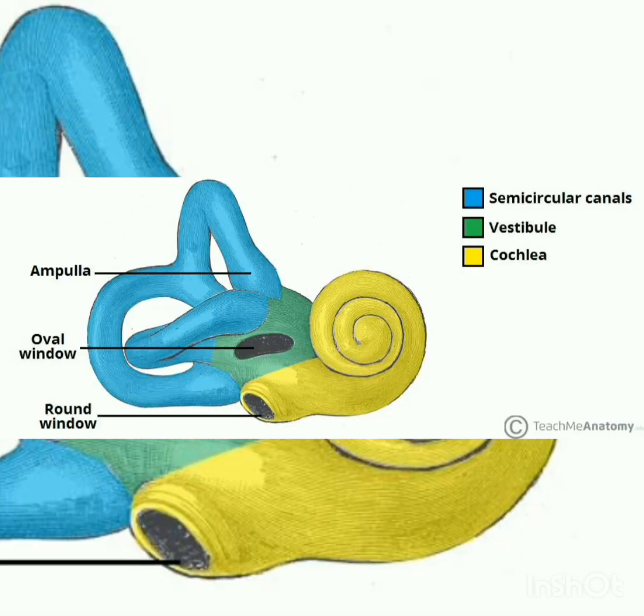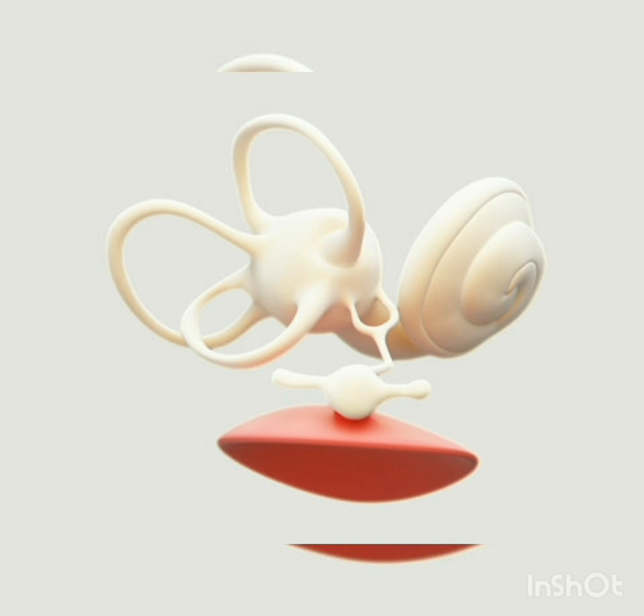The inner ear has 2 openings, where we have the oval window and the round window. So the third small bone, which we call the stapes or the stirrup, attaches to the oval window. So it transmits sound vibrations.